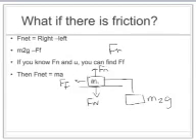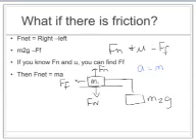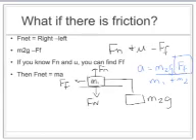And if we know normal and mu, we can get our Ff. So what will happen is that our A equation will become m2g minus Ff over m1 plus m2. So exactly the same, except we're going to subtract friction on the top.